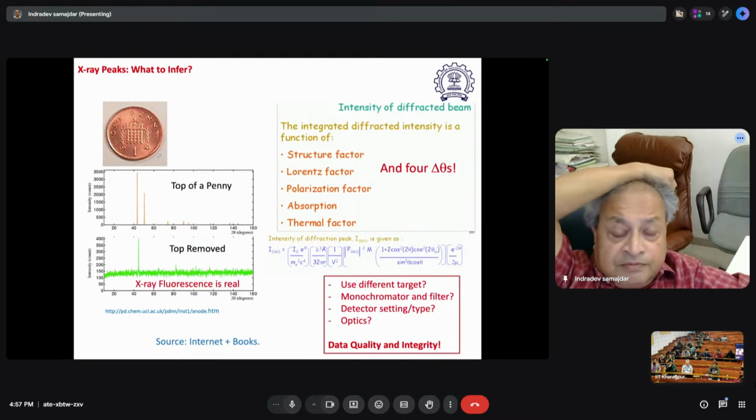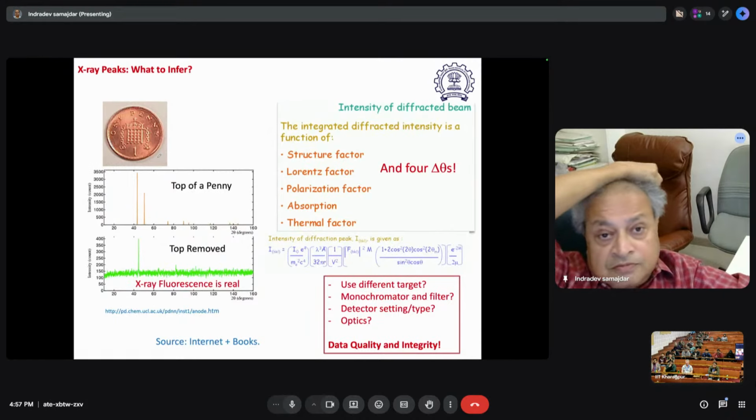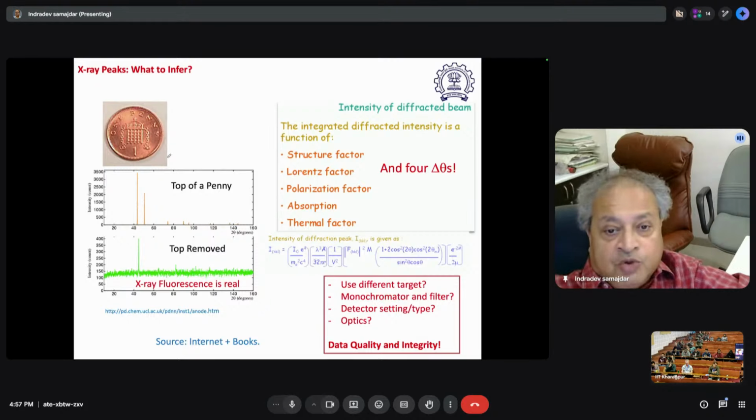For example, this is the land of the king and queen, British penny. They're cheating. They're giving you a penny which looks like copper, but it's actually electroplated copper on a piece of iron. You put the laboratory XRD, and you get copper peaks. Nice copper peak with copper target.